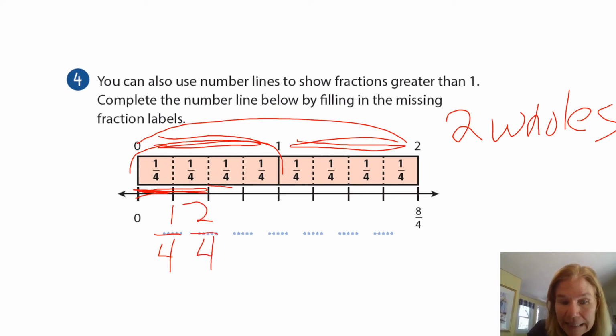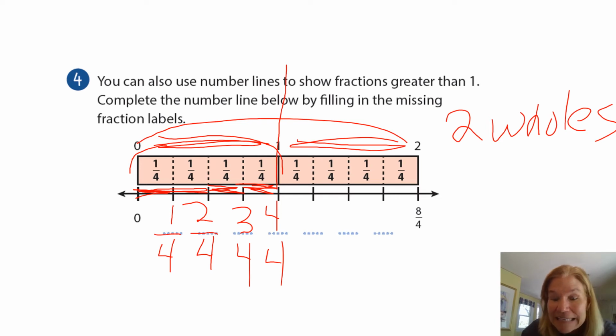And so on. I can keep counting. Now I'm using 3 out of the 4 equal parts. Here, I'm using 4 out of the 4 equal parts. And I can tell what my 4 out of the 4 equal parts is.